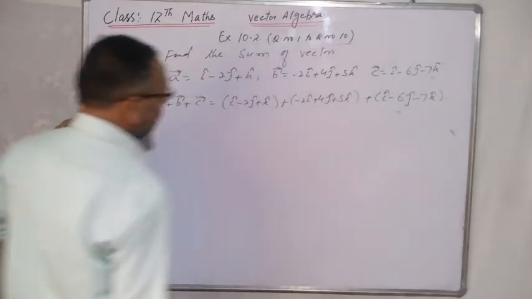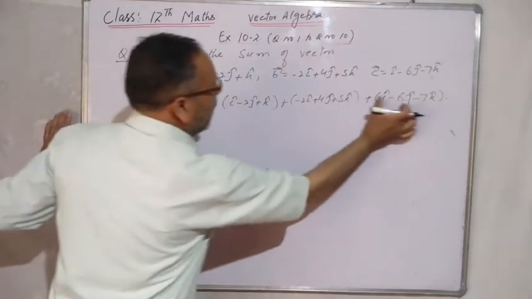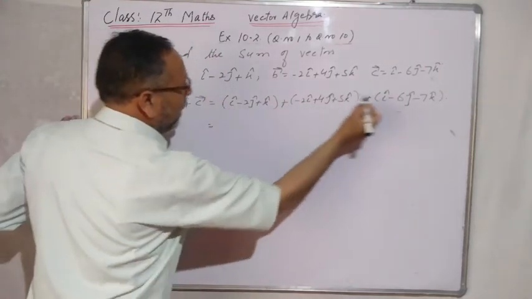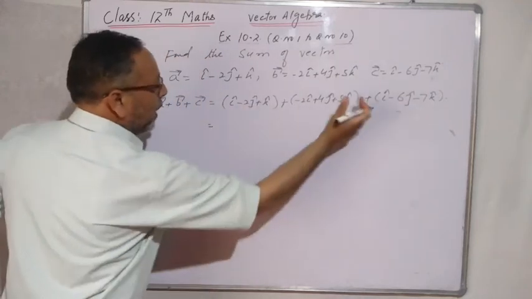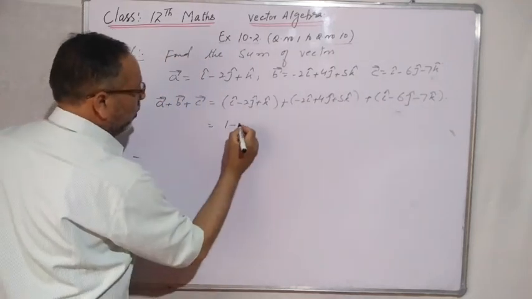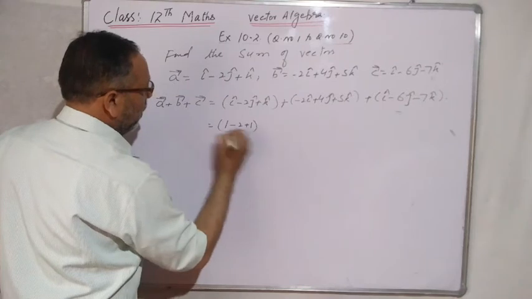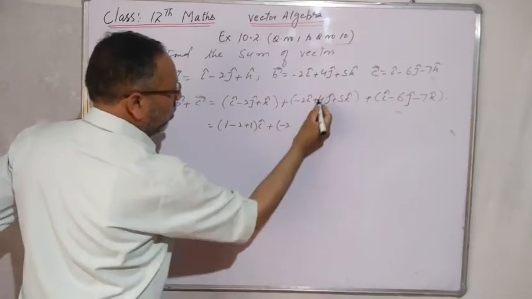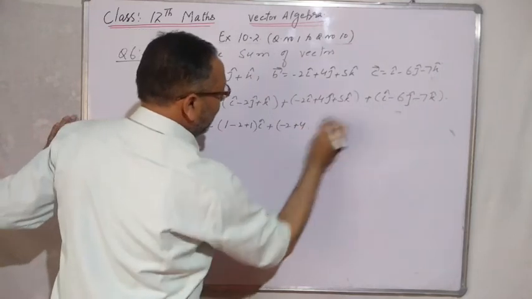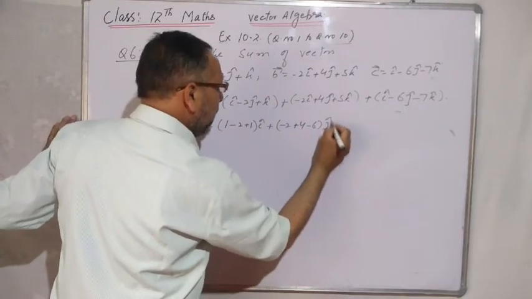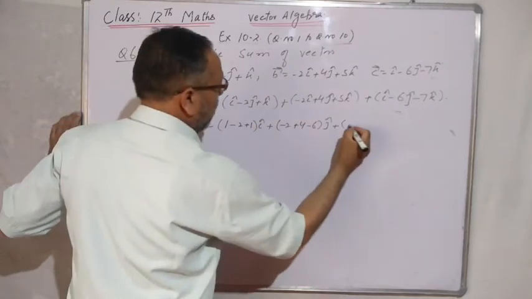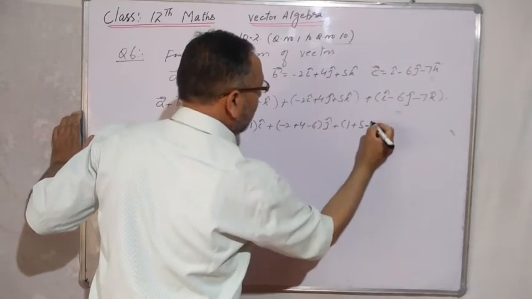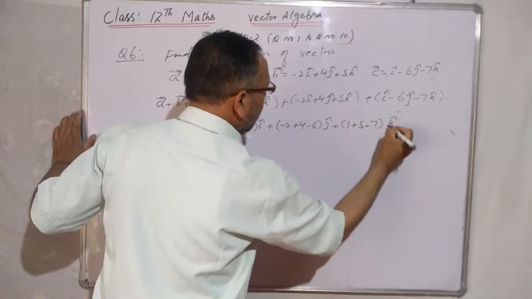Now you add the corresponding elements. It is I cap minus 2 I cap plus I cap. So let me take I cap common. It is 1 minus 2 plus 1 I cap, plus minus 2 plus 4 minus 6 j cap, plus 1 plus 5 minus 7 k cap.